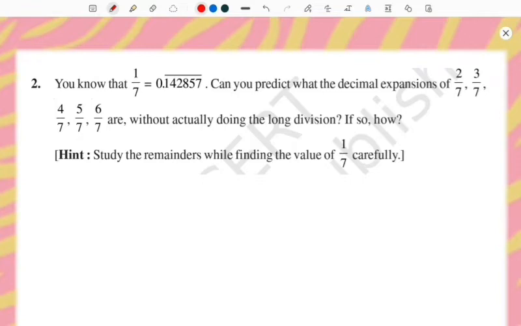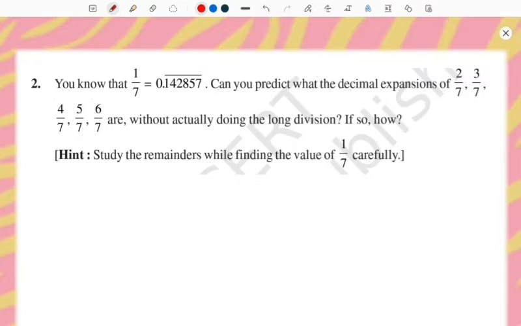It says that the decimal expansion of 1 by 7 is given to us. Now we have to predict, without dividing, for 2 by 7, 3 by 7, 4 by 7, 5 by 7 and 6 by 7 कि इनकी decimal expansion क्या होगी, only by observing the remainders of 1 by 7. So to do that, we need to divide 1 by 7 first.